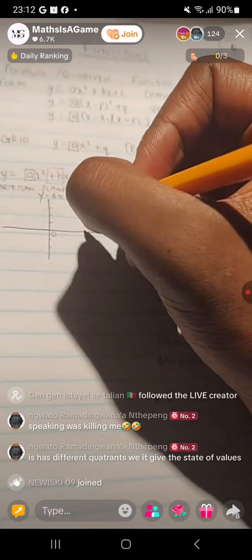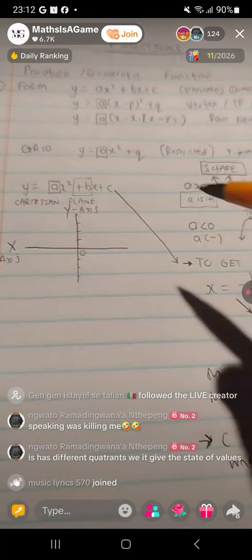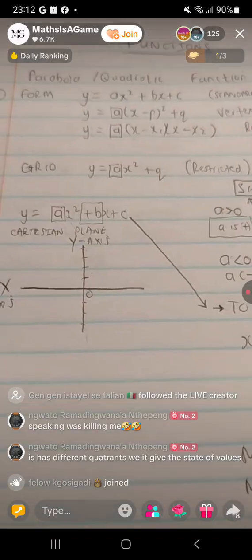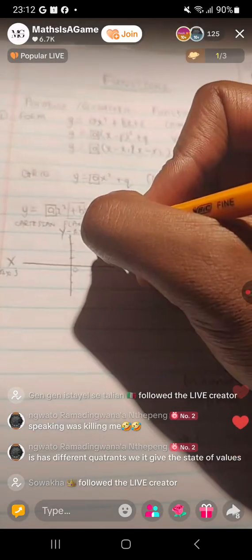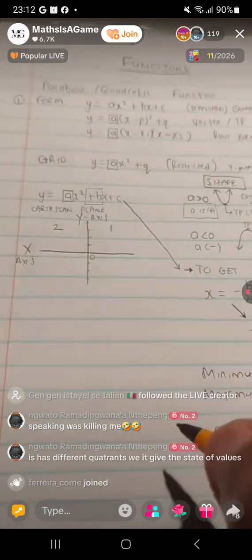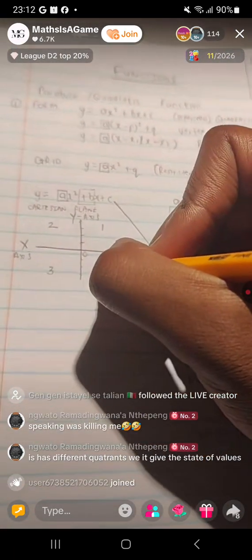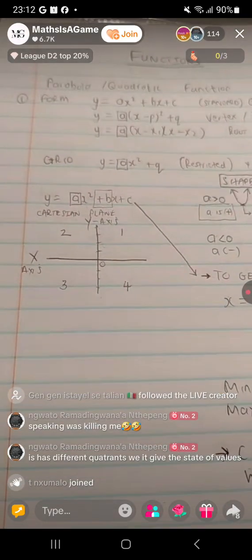The positive values are above the x-axis, the negative values below the what? The x-axis. The Cartesian plane is divided into what we call quadrants. We call this the first quadrant, this the second quadrant, this the third quadrant, and this one the fourth quadrant.